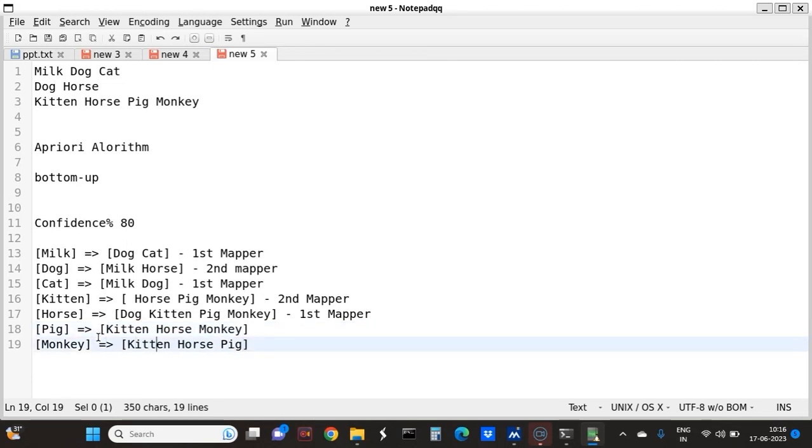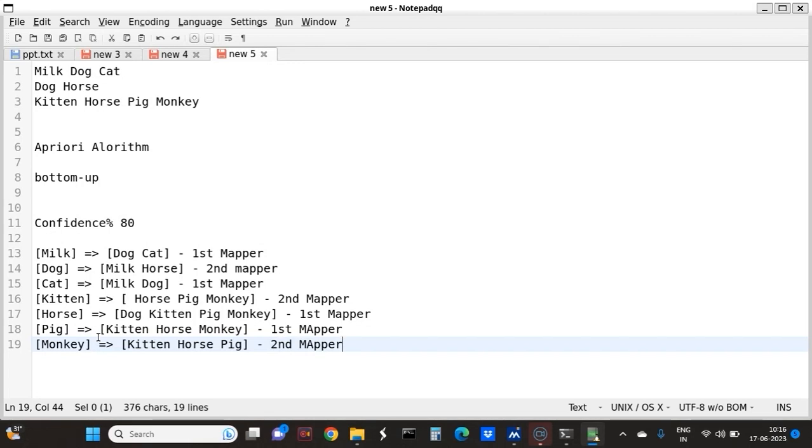Now this again has been done. So we have used two mappers, and each mapper has run four times.